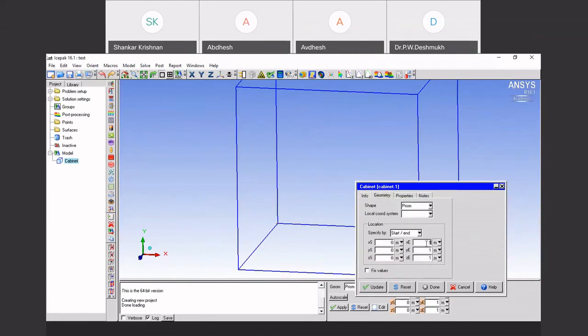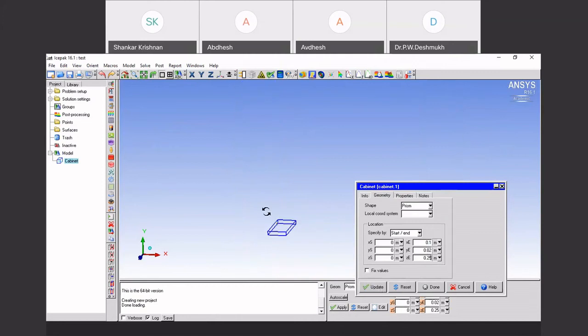I don't want 1 meter, so I'm going to adjust it to 0.1 meter, and I'm going to make the height 2 and width 0.25. Then I say fit.